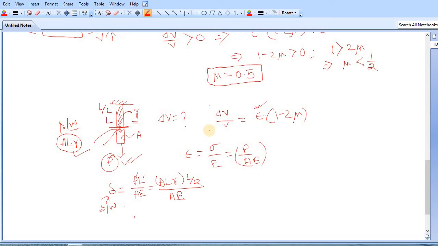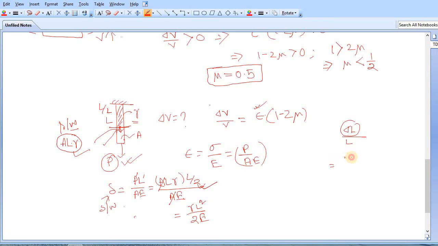And strain is nothing but unit deflection. So you have already got delta L. Simplify this, you cancel A and you get gamma L square by 2E.